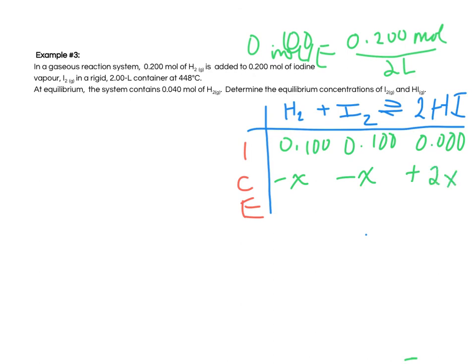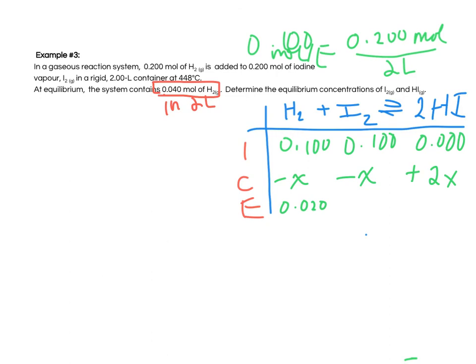All right, now let's look at what other information is given in this problem. It tells me that at equilibrium, I have 0.40 moles of H2. But remember, that's in 2 liters. So I'm going to have to divide the amount of H2 by 2, and that will give me 0.020 moles per liter.